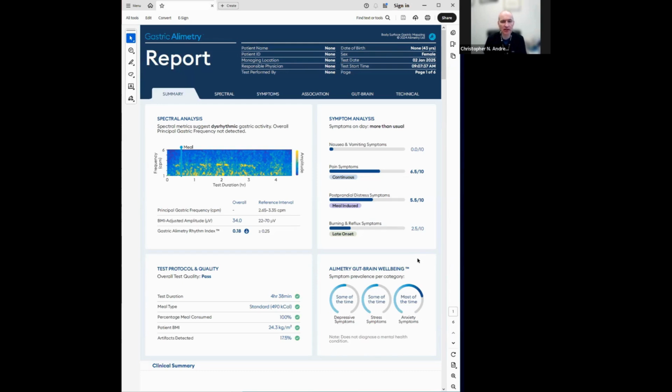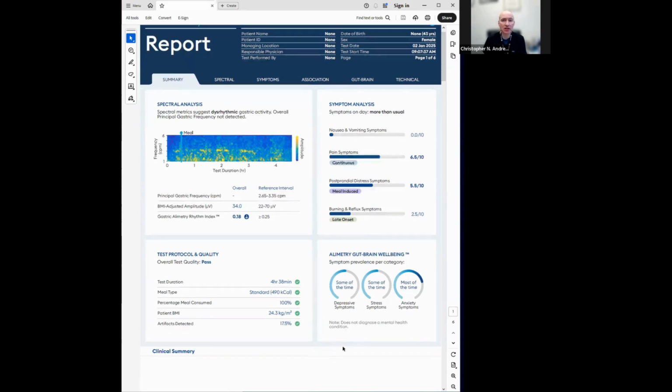So that's all brought to you in that summary page, and that makes it a lot easier to see right out of the gate that the spectrum looks dysrhythmic, the quality was adequate. There are symptoms, some of which are continuous, some meal-induced, and some later onset. And then there is some summary data from the gut-brain well-being.